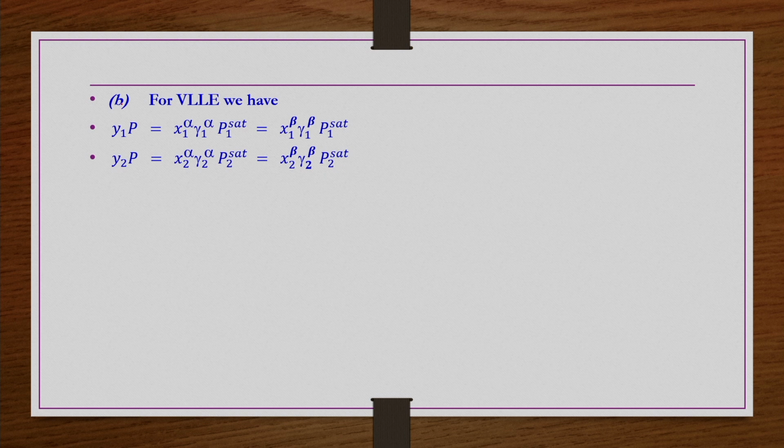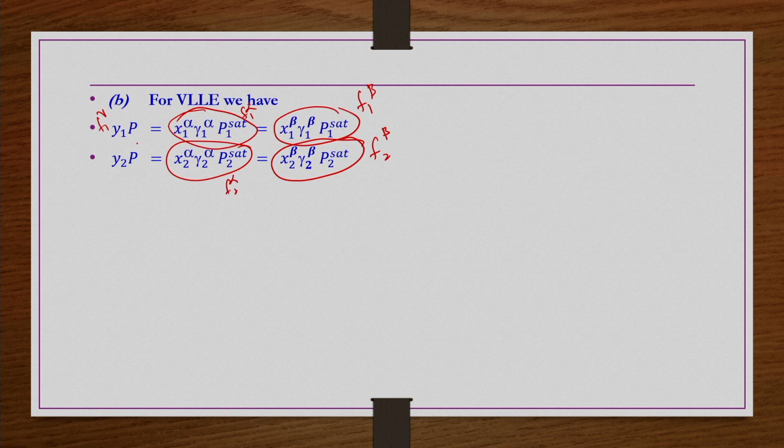So, this is nothing but F1V, this is nothing but F1 alpha, this particular part, and this particular part is nothing but F1 beta. Similarly, this particular part is nothing but F2 beta, this particular part is nothing but F2 alpha, and this particular part is nothing but F2V, which are at equilibrium and coexisting and at equilibrium.